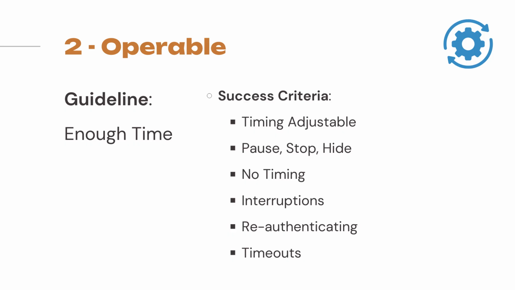Success criterion pause, stop, hide says that users should be able to pause, stop, or hide content that moves, blinks, scrolls, or auto-updates for more than 5 seconds. An example of failure would be a video that autoplays without controls to stop it. And let's face it, none of us like that.